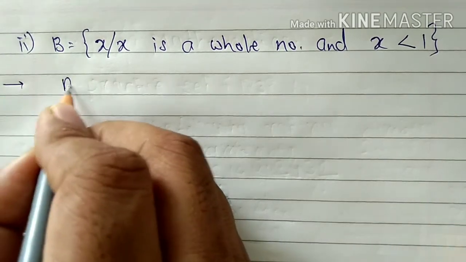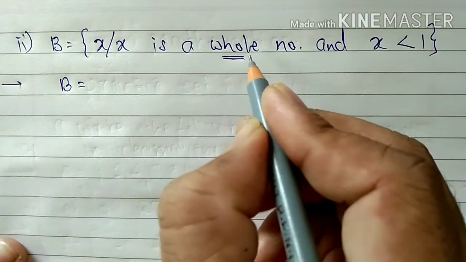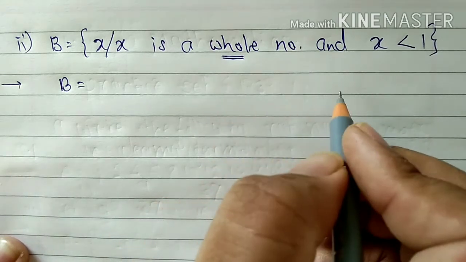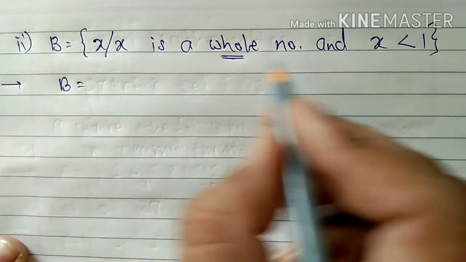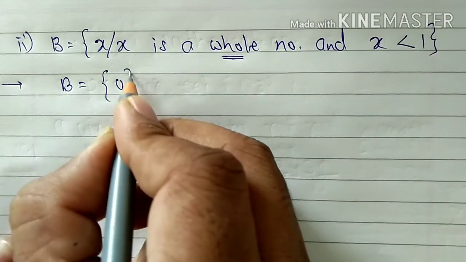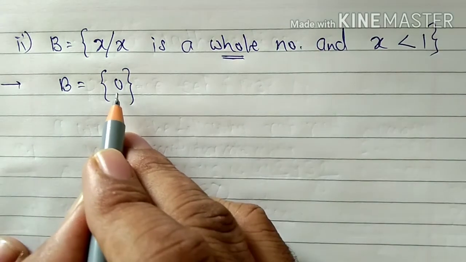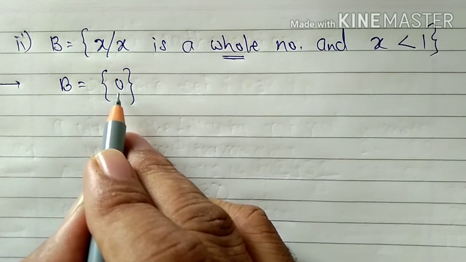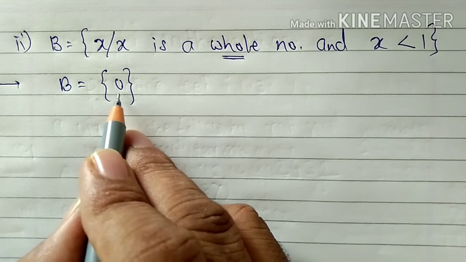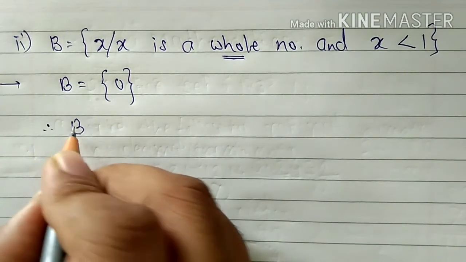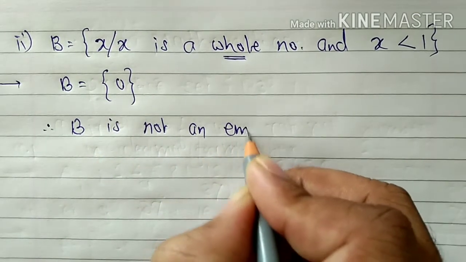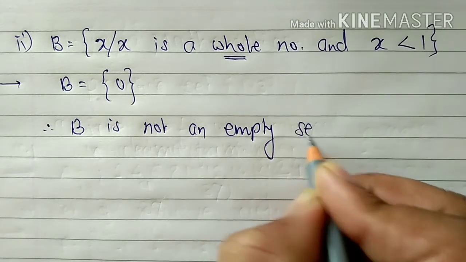So the answer will be, we know that whole numbers start with 0. So 0, 1, 2, 3 are the whole numbers. Our whole number must be less than 1. So our answer will be 0. Remember, 0 has value. So that means B has one element. That one is 0. Therefore, B is not an empty set.